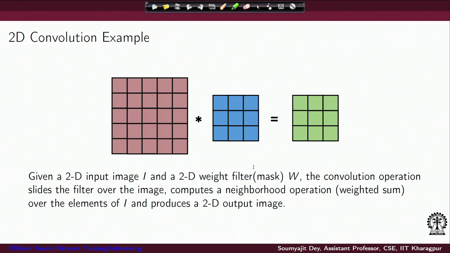And the image is also following such a representation. For example, on the left hand side we are considering here a 2D image, but the thing is we are operating it with a weight matrix, and in this case the weight matrix is basically an image filter or a mask, right.